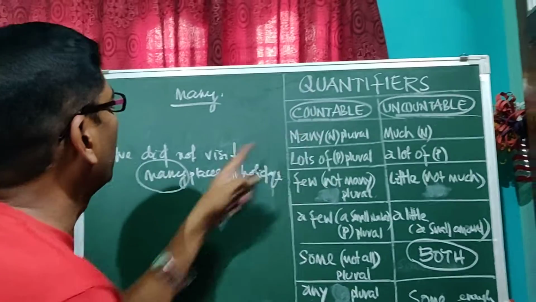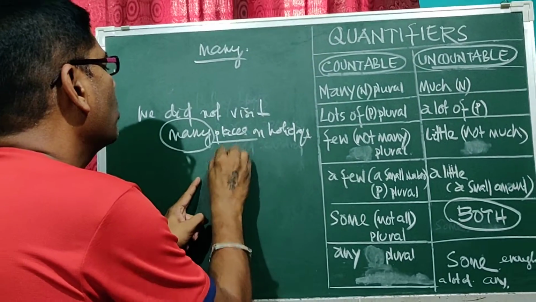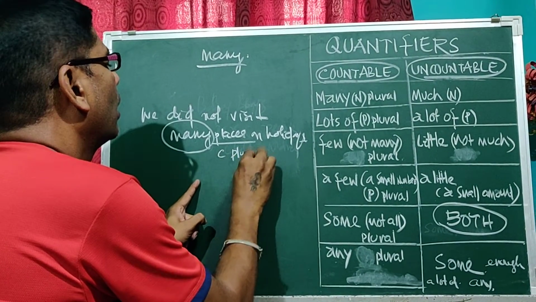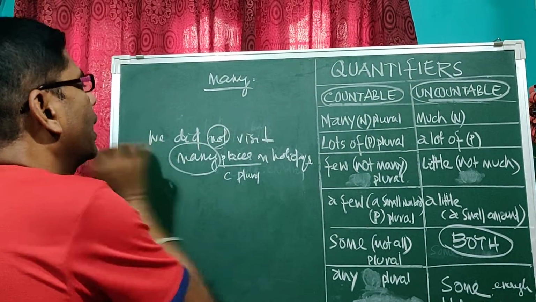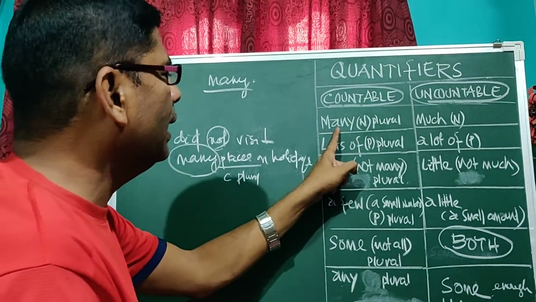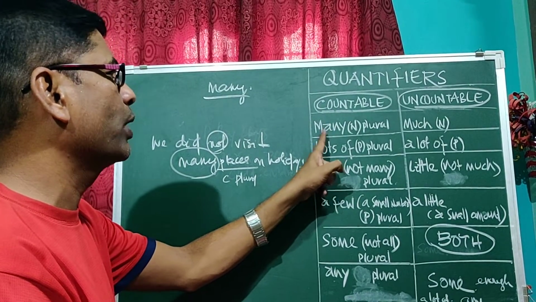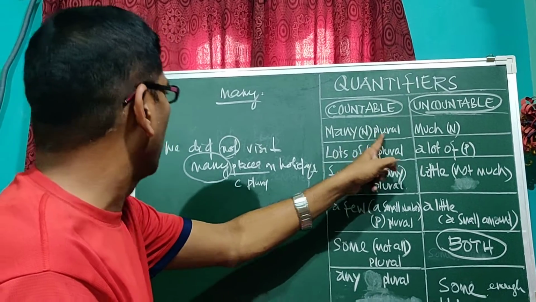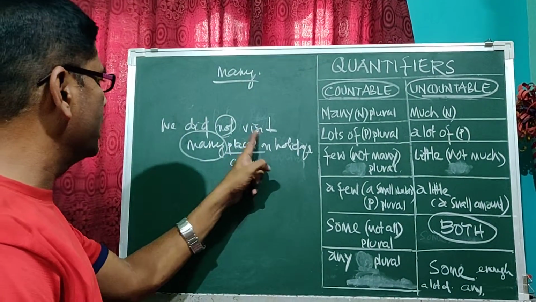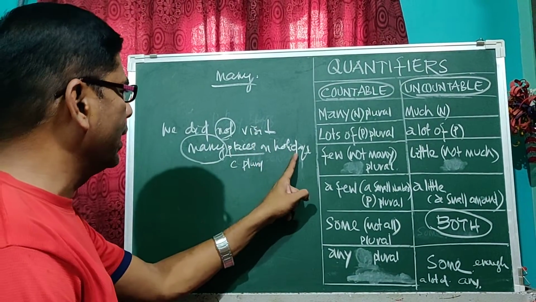Places is a countable noun. Places is countable plural. And negative, we did not, negative. So most of the time we can use many as countable negative plural. We did not visit many places on holidays.